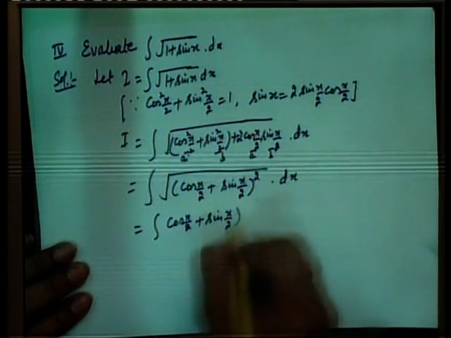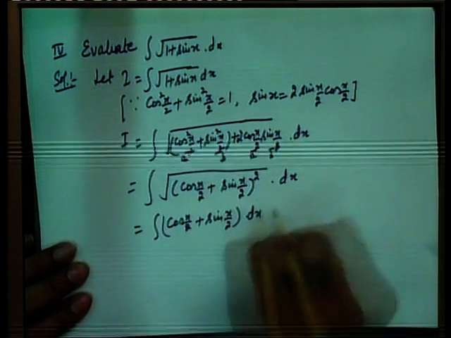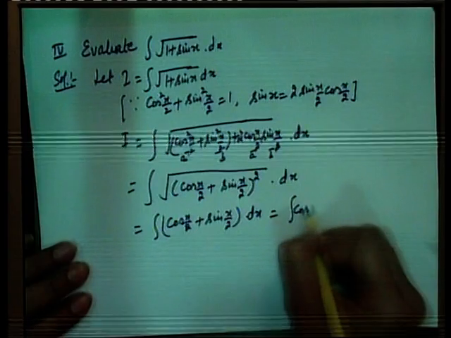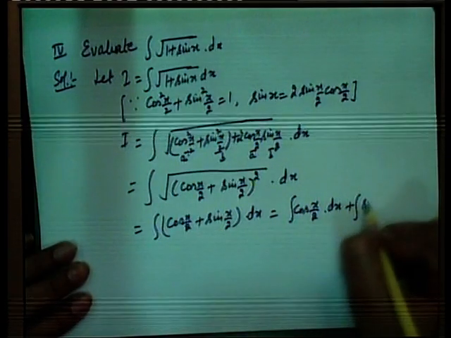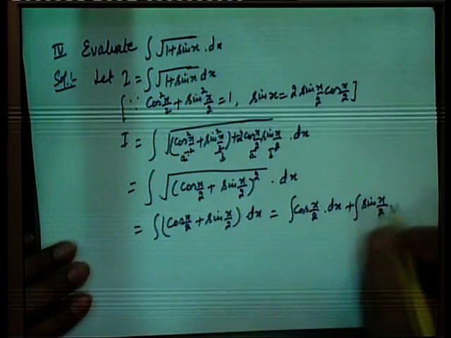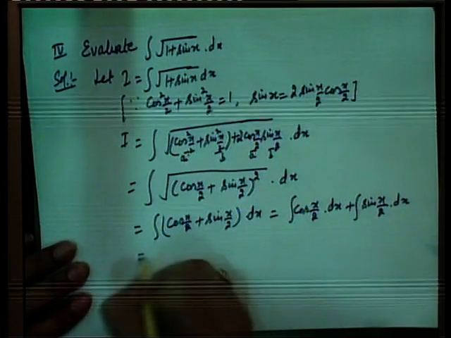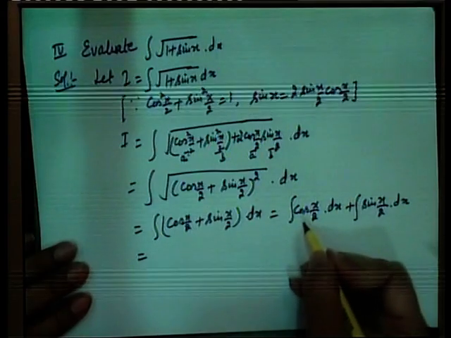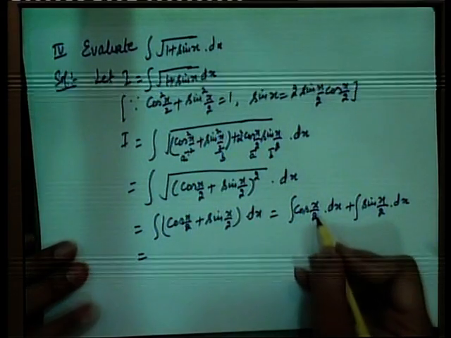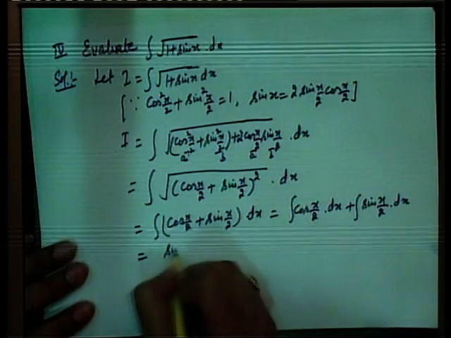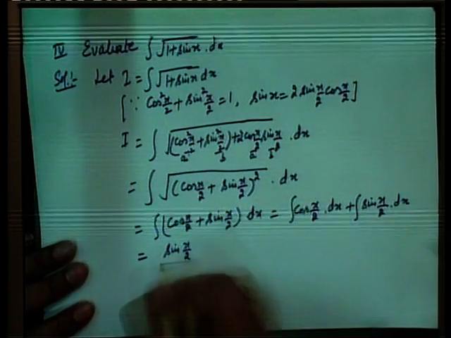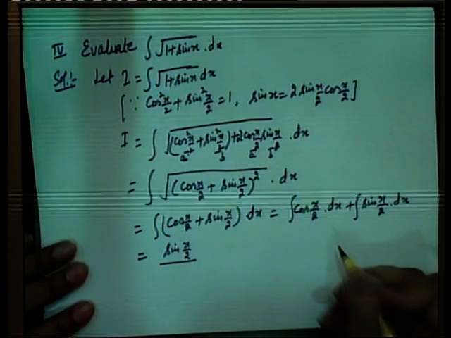Now, we integrate term by term: the integral of the first term cos x by 2 plus the integral of the second term sin x by 2. We have the trigonometric function cos x by 2, and we know the integral of cos is sin x by 2 divided by the derivative of the angle.